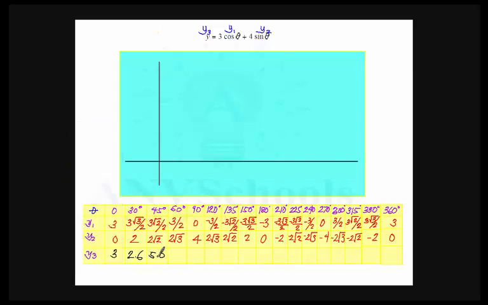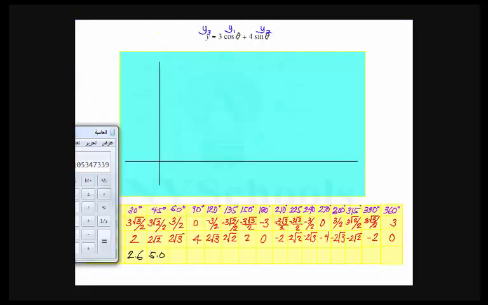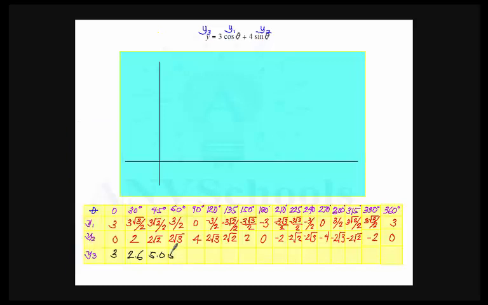Okay. Next we have 3 over 2, so that's 1.5. 3 square root of 3 times 2... plus 1.5. So that would be around 5 also. 5.0.